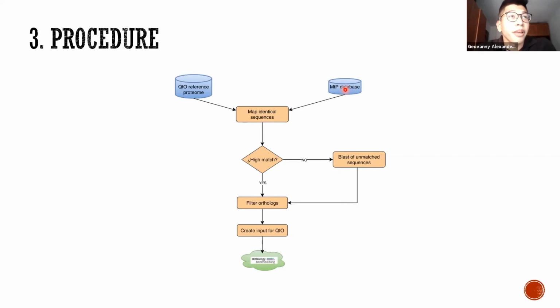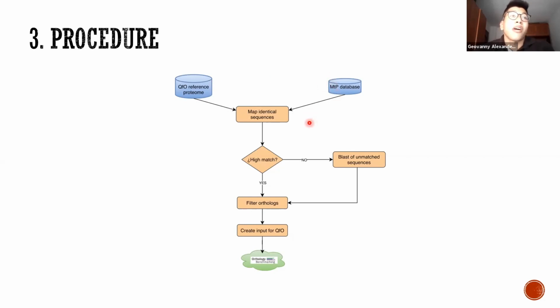Once we have them, the first step consists of mapping the sequences from the reference proteome with the sequences available in the MetaPhOrs database. In this step, we look for identical sequences, and we will get a percentage of match that shows us how many of the sequences within the Quest for Orthologs are also in the MetaPhOrs database.